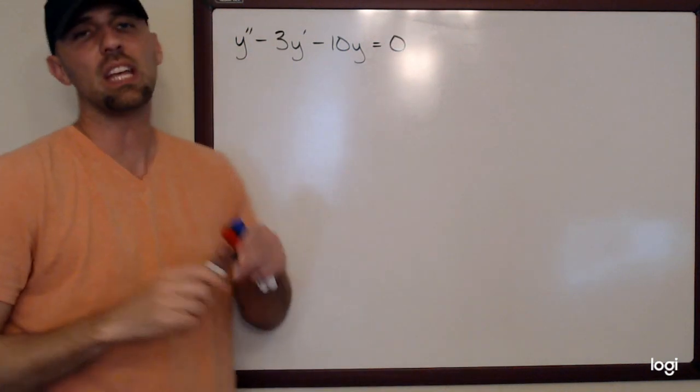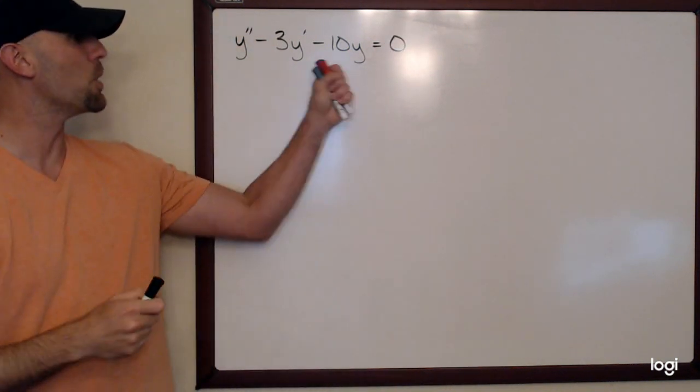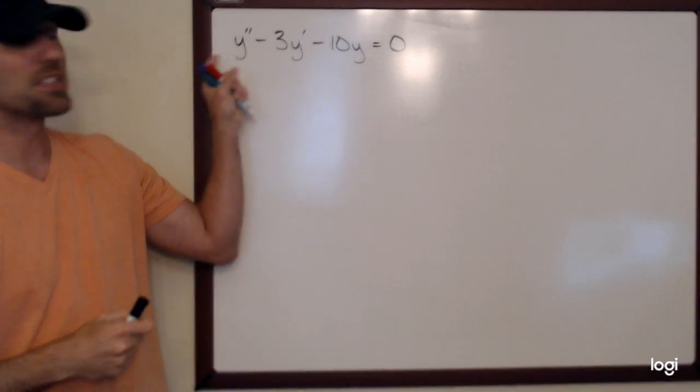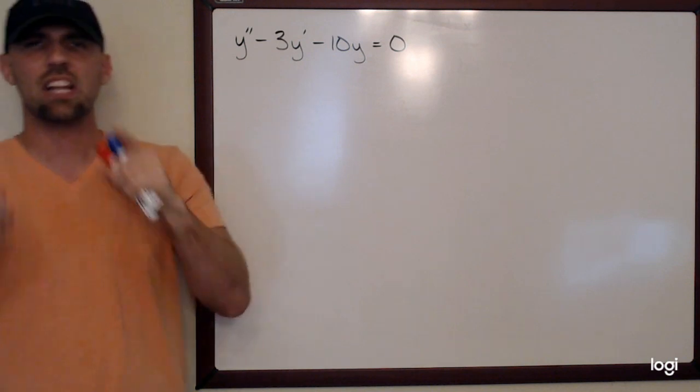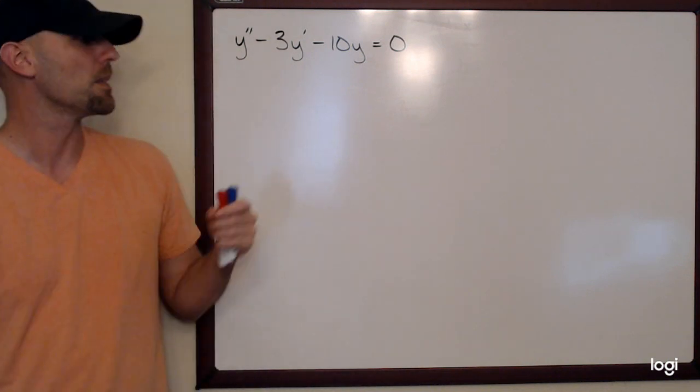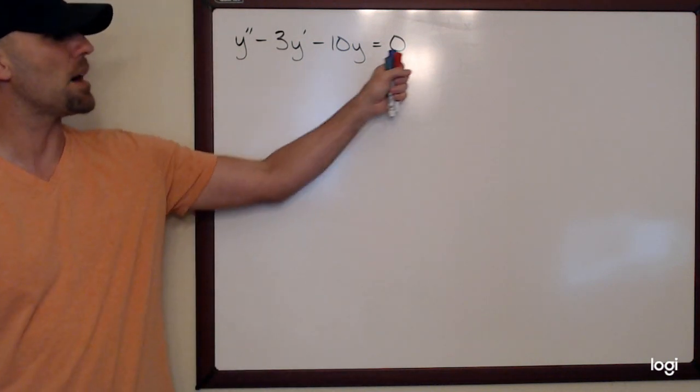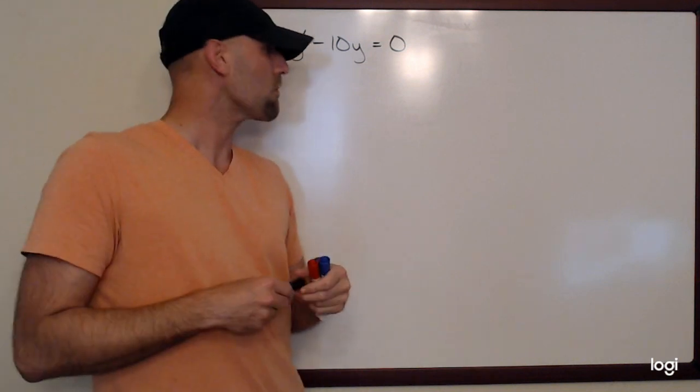So this is constant coefficient. Coefficients are constants. It's a linear differential equation. Again, y prime, y double prime, it's second order. And it's homogeneous. It equals 0. So all these things are working for us.